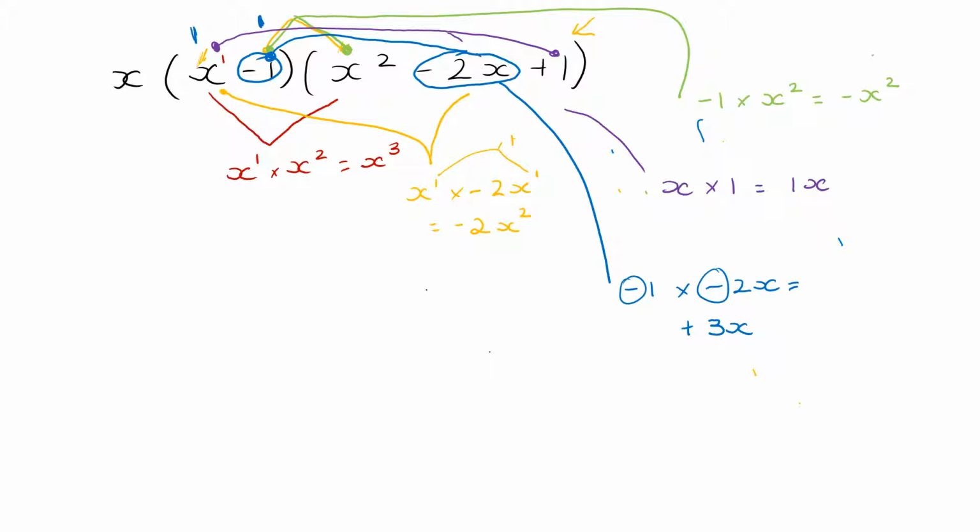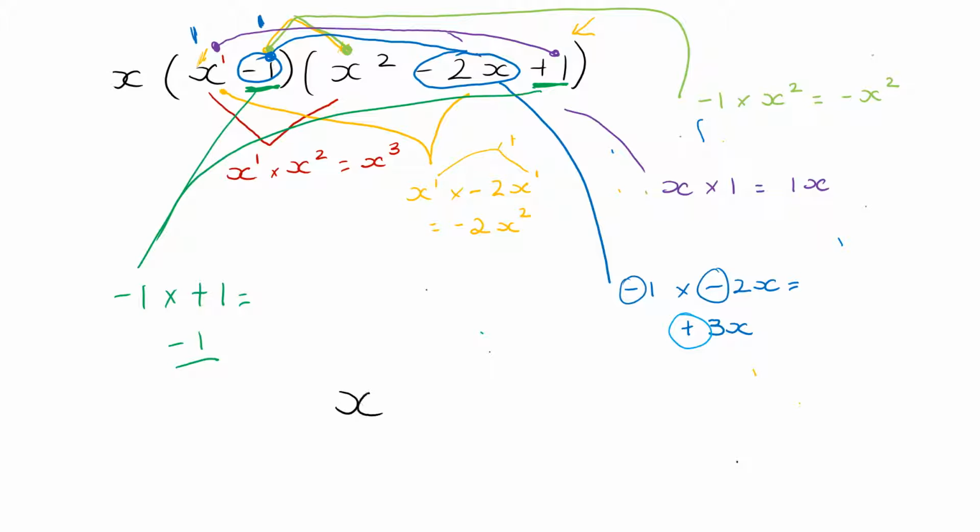I always write the plus like that because that'll help you when you write out the full equation in just a second. The last one we've got to do, there in dark green, is the -1 and the +1. I'll do that over here. So -1 times +1, a minus times a plus is a minus, and 1 times 1 is 1, so equals -1.